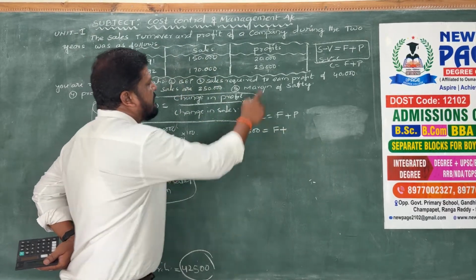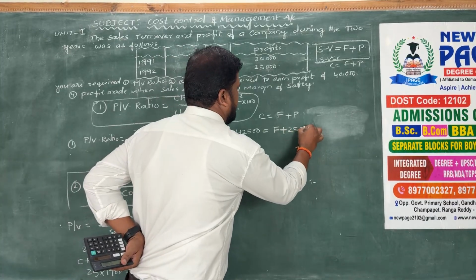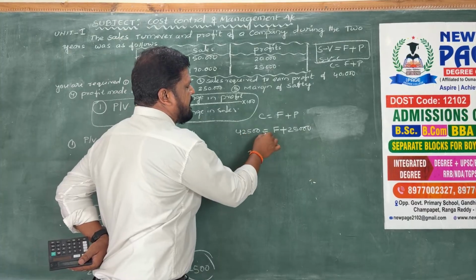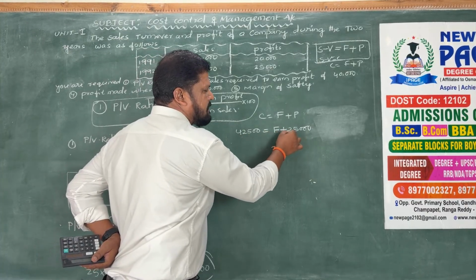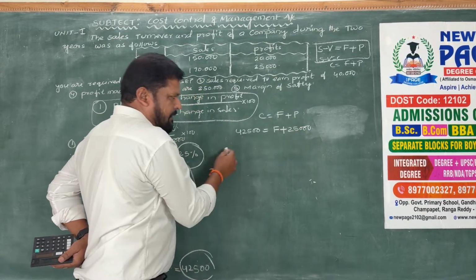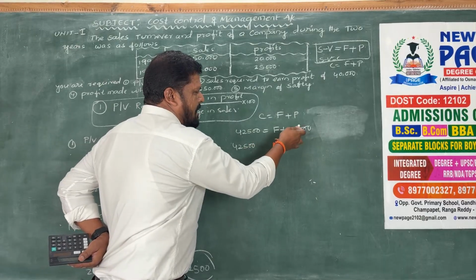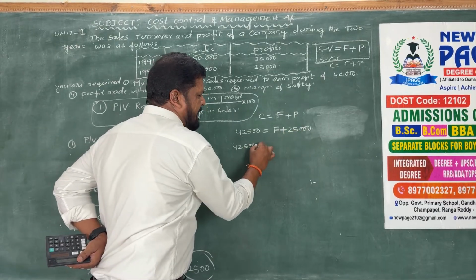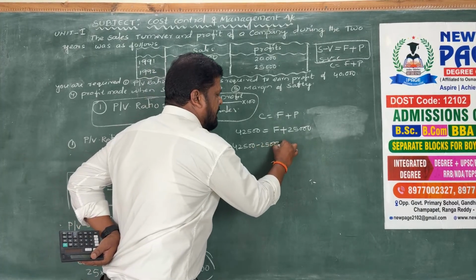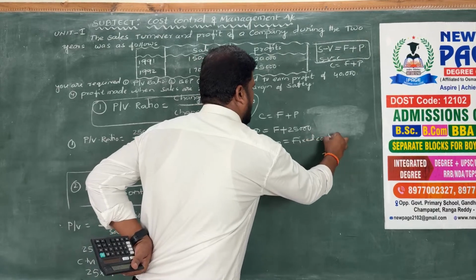Okay, you have to take the current year profit 25,000. Right? So 42,500 is equal to fixed cost plus 25,000. So 25,000 take and send to this side: plus becomes minus, 42,500 minus 25,000 is equal to fixed cost.